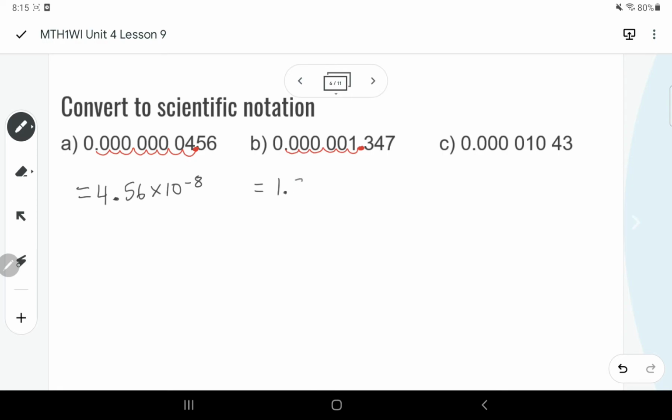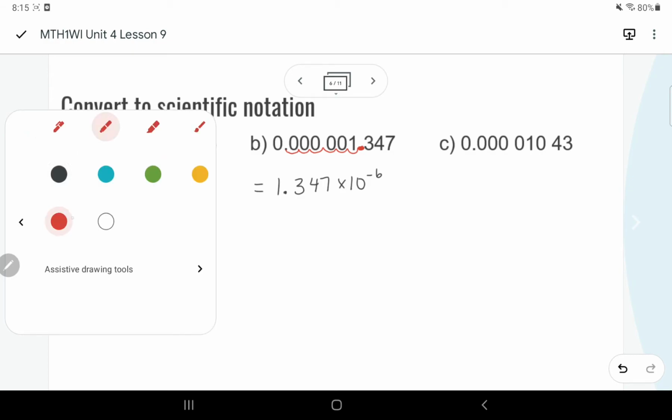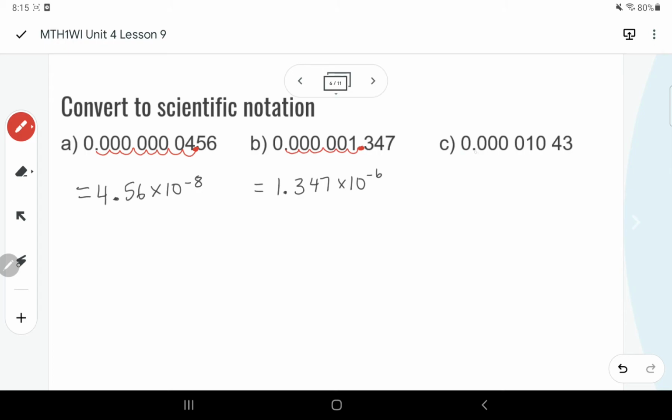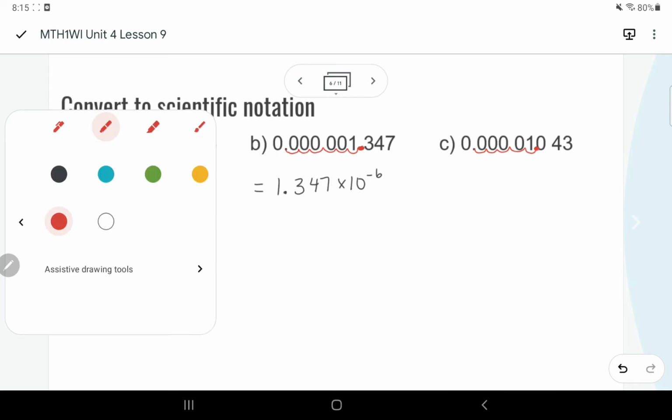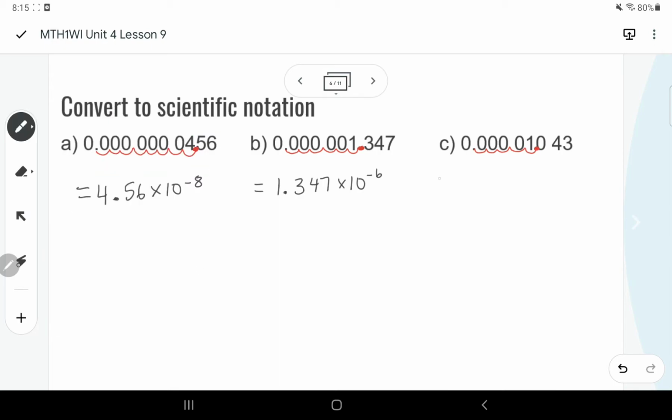So this will be 1.347 times 10 to the -6. And then the next one, let's count how many steps. 1, 2, 3, 4, 5. As soon as you get past one digit that's not a 0, you stop. 1.043 times 10, and that was only 5 steps, so to the -5.